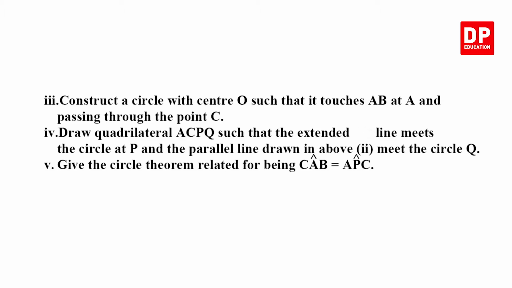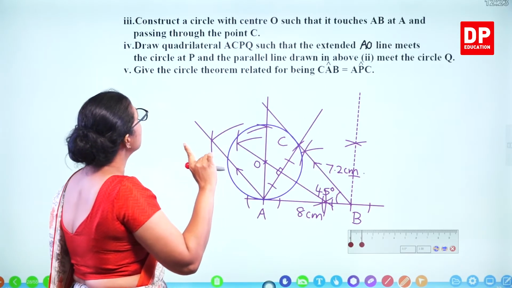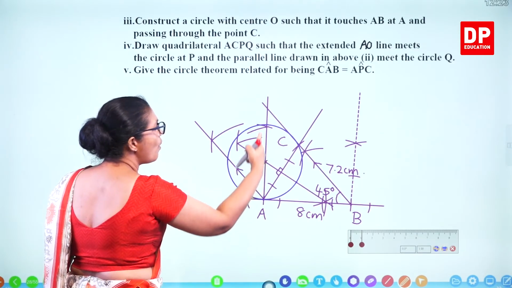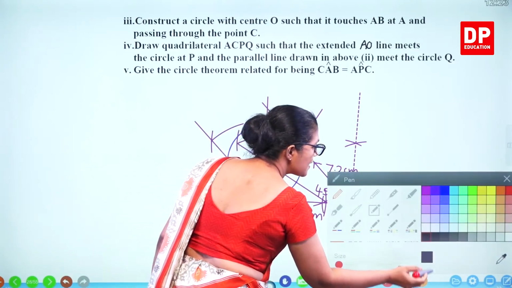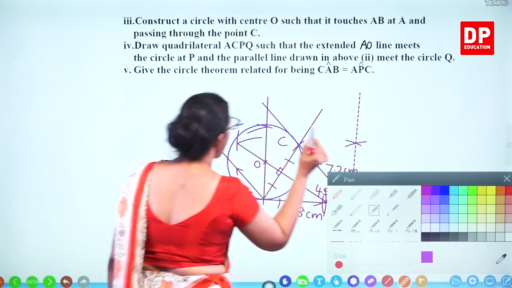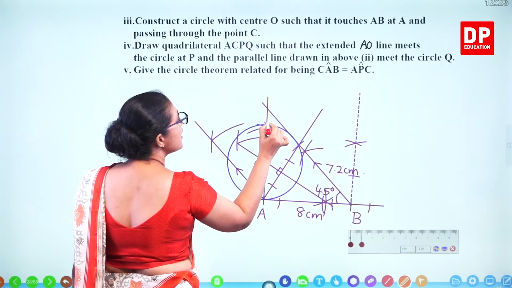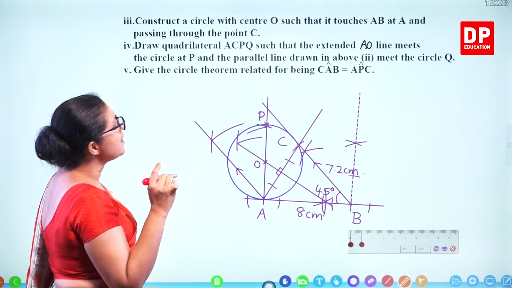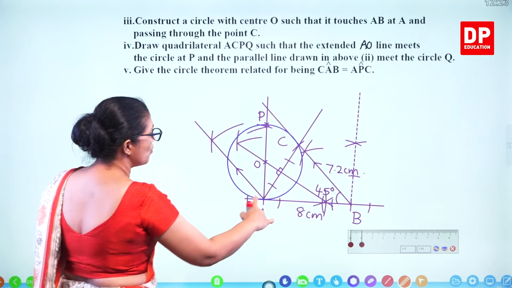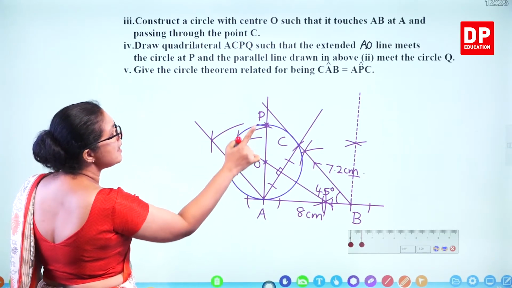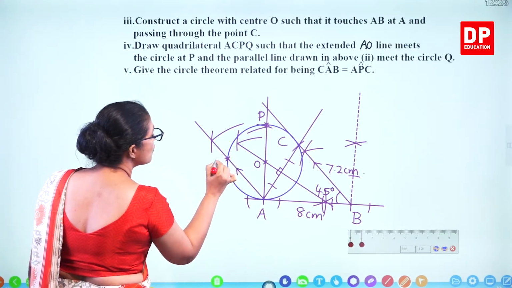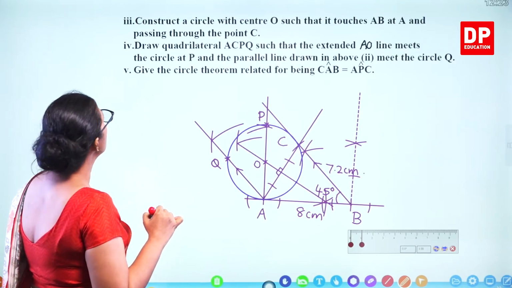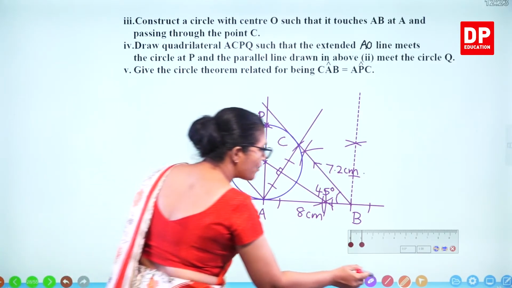Extended AO line meets the circle at P. So this point is P. And the parallel line drawn in part 2 meets the circle at Q. So this is Q. So you are asked to draw the quadrilateral.